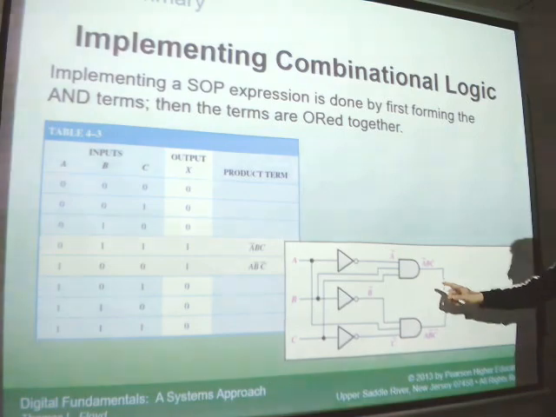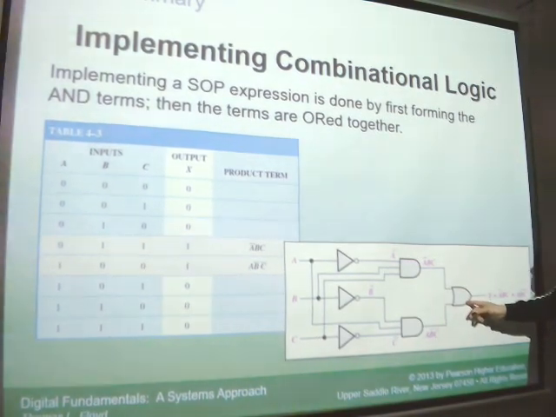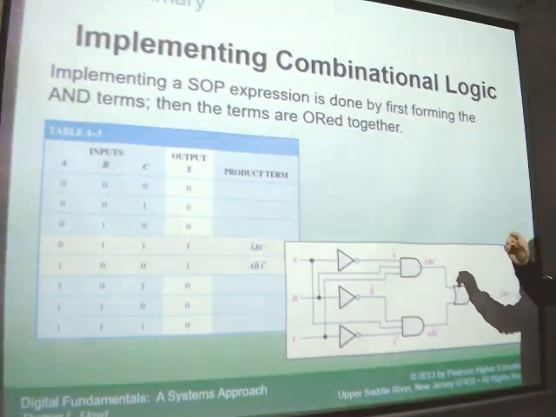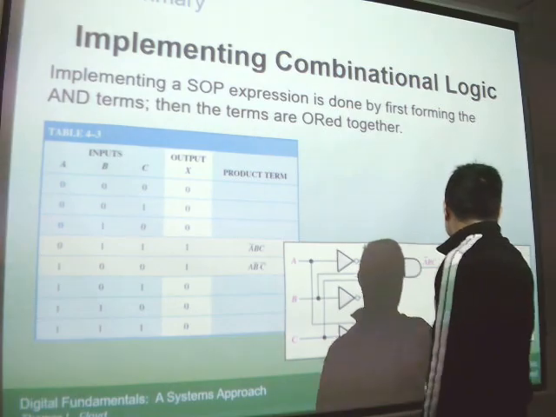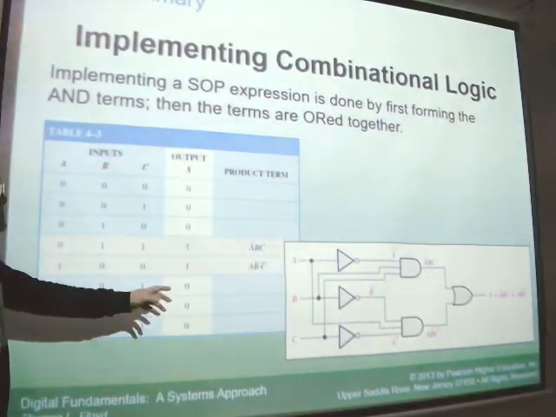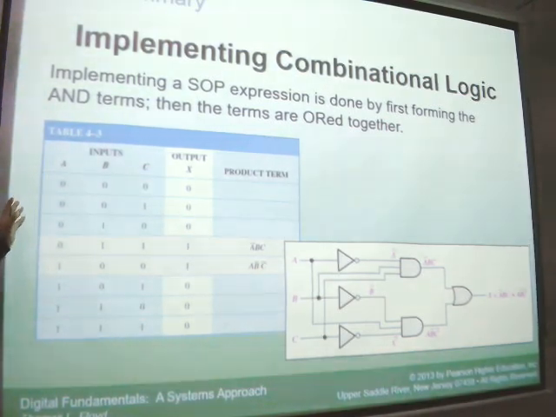The two terms are ORed by the OR gate. Then the output is the SOP expression. That is the circuit logic for this truth table.